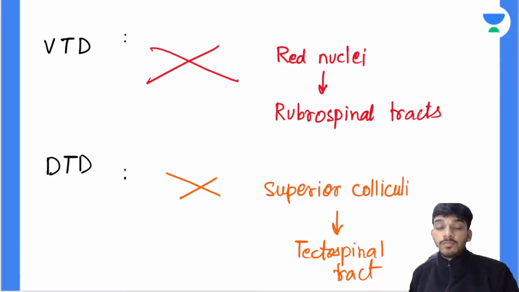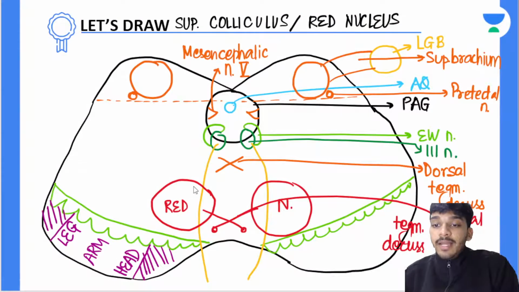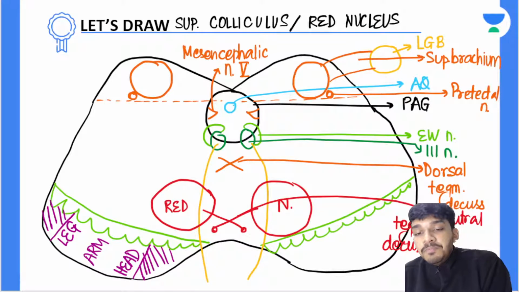Ultra important to know. And it's very logical, you can make it out very easily. The ventral tegmental decussation is very close to the red nucleus, and this one is related more to the posterior side, so it will be related to the crossing over of the superior colliculi fibers.